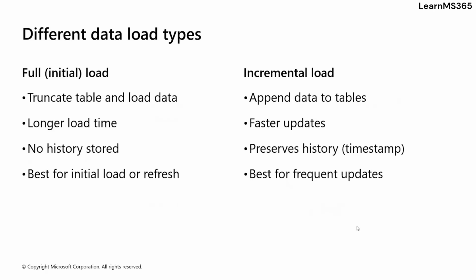It takes less time than the initial load, but the implementation is more complex. This method is commonly used for regular updates to the data warehouse, such as daily or hourly updates, and it requires mechanisms to track changes in the source data since the last load.